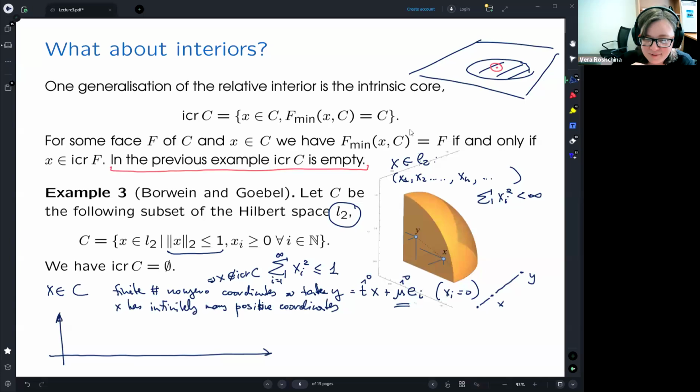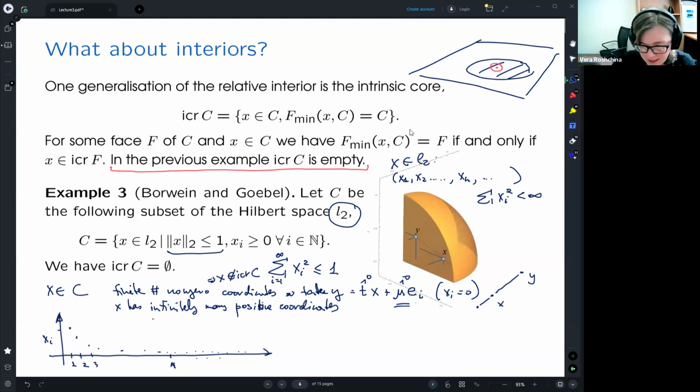I can think about my x as some kind of a graph. Some people may find this useful, some may find it a bit obvious. This will be my x_i, so x_1, x_2, x_3, and so on. I have infinitely many of them that have a positive coordinate.